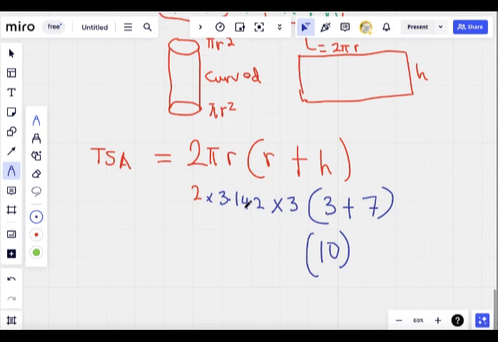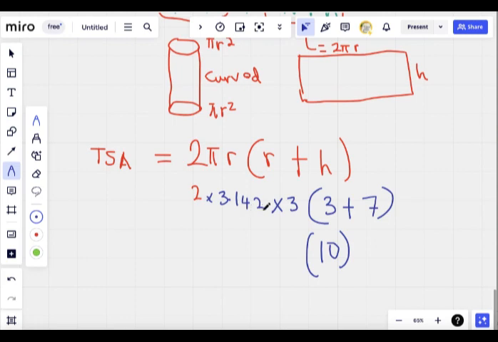Let's multiply this one first. 2 times 3.14 times 3, what do you get? Quickly. 18.852, right? And the answer we get here, we will multiply it by 10.